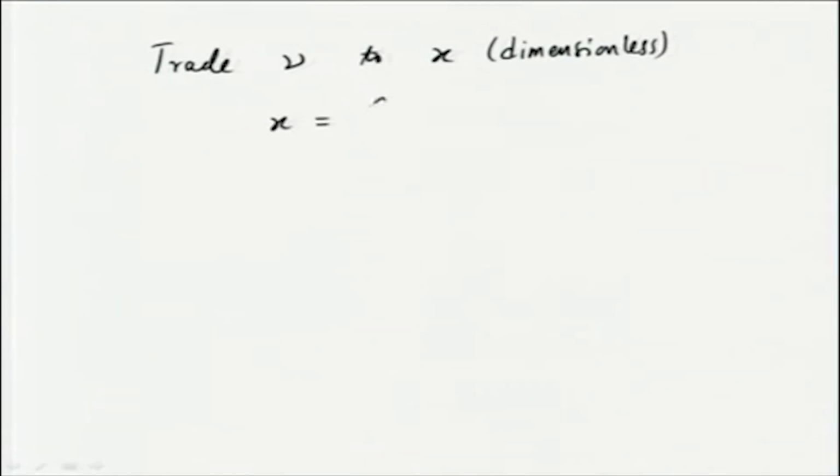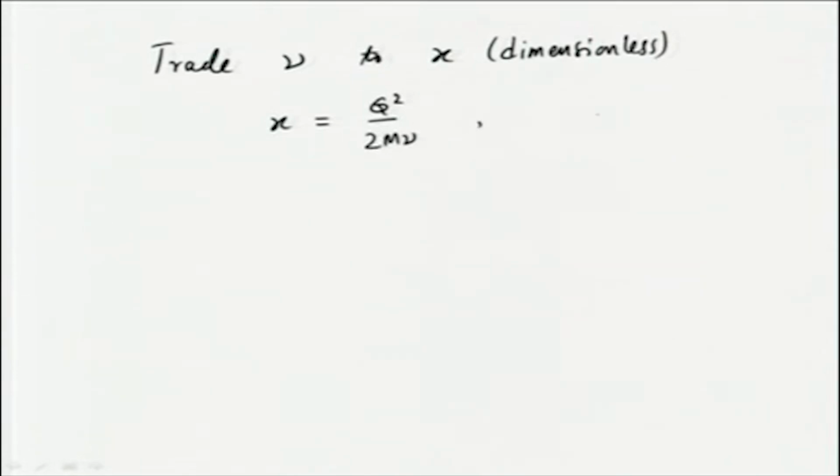Now, usually we can write the variables nu and q square in a different fashion. We can trade it with a variable x, which is dimensionless. Nu is E minus E prime, so the dimension of nu is energy, but we can define a variable called x as q square over 2 m nu.